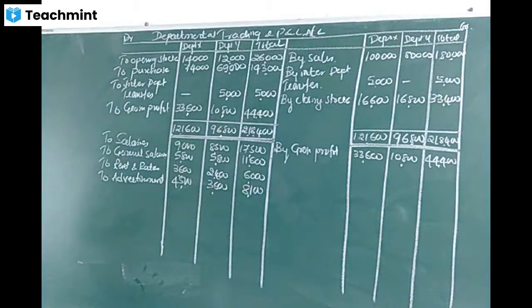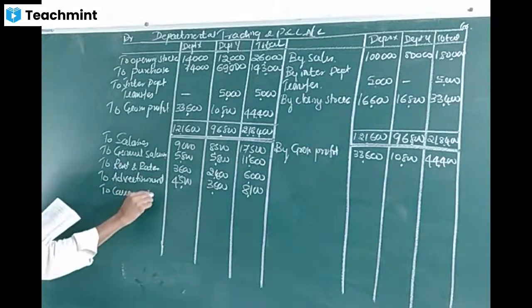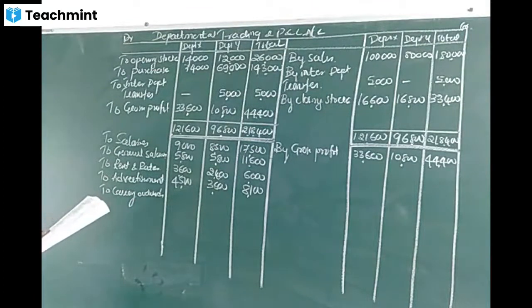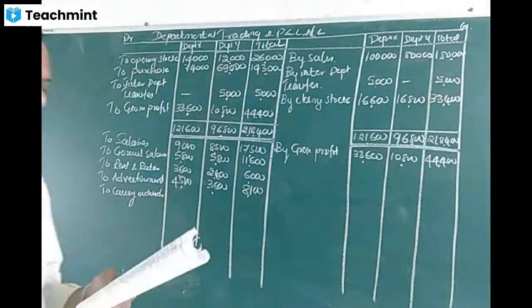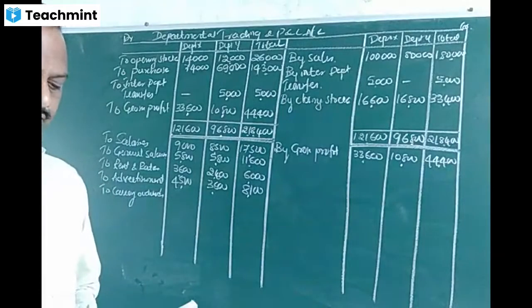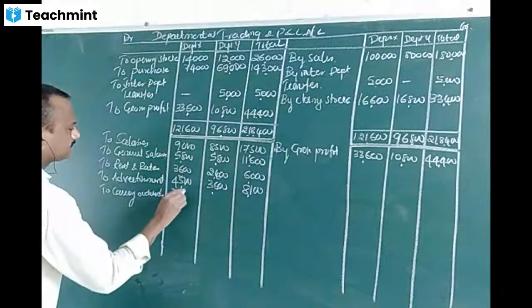Next, insurance we have to treat separately. Then carriage outwards. Yesterday we have allocated carriage outwards, 3,000 and 2,400.